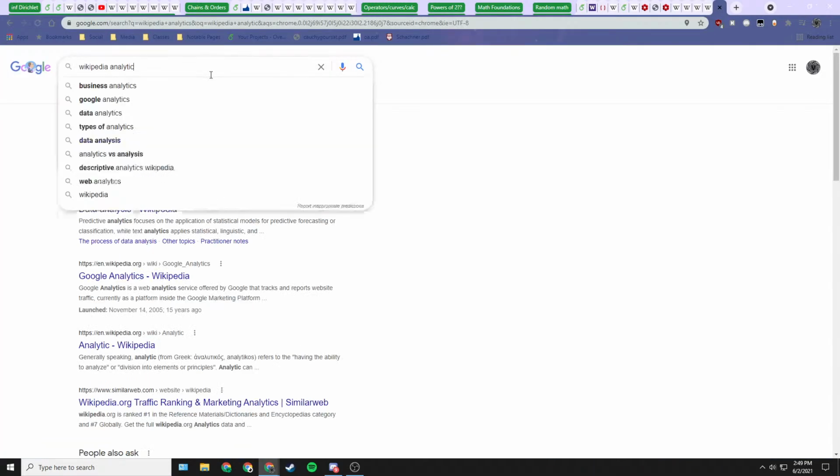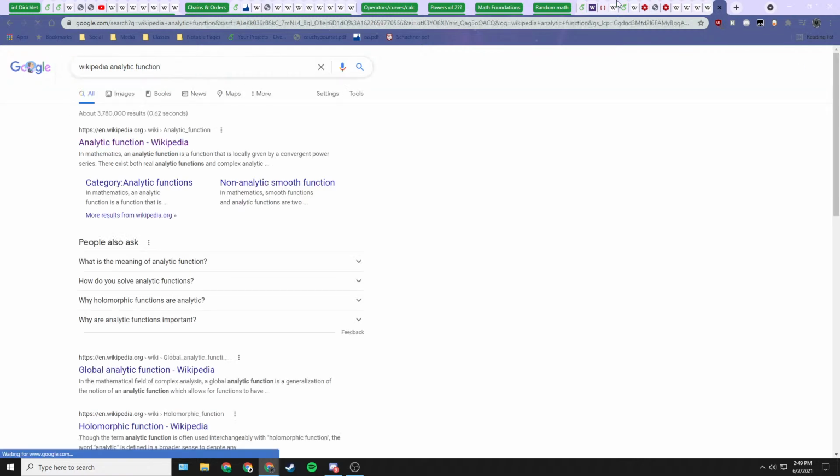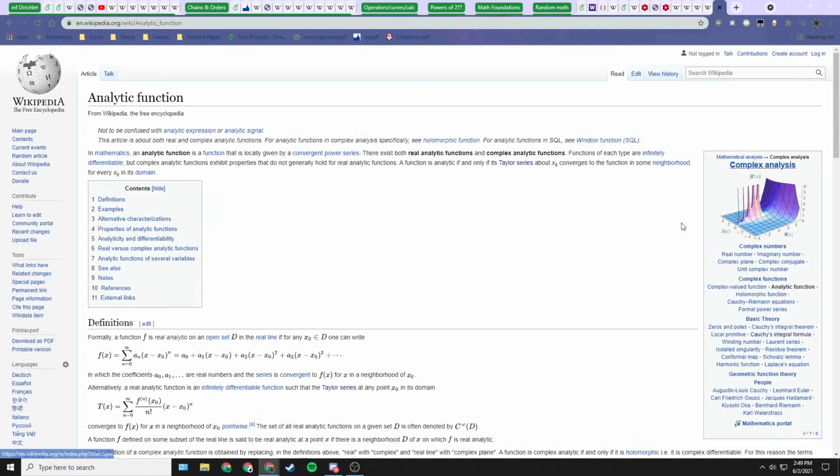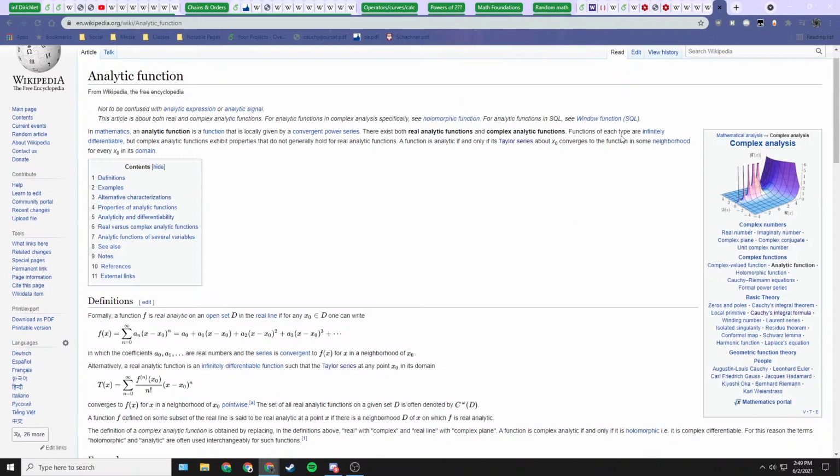That's not what I wanted. I want to check if they exclude isolated points on the domain. Locally given by a convergent power series. Okay, well that's not helpful. Infinitely differentiable, blah blah blah.